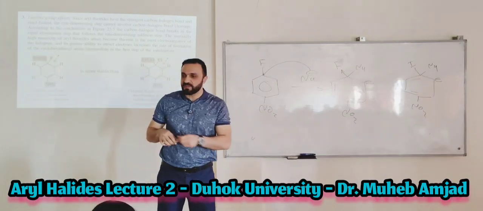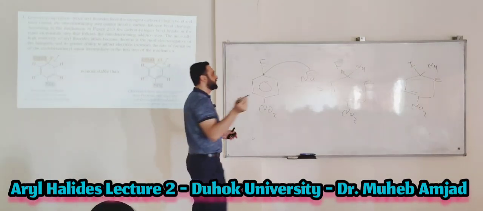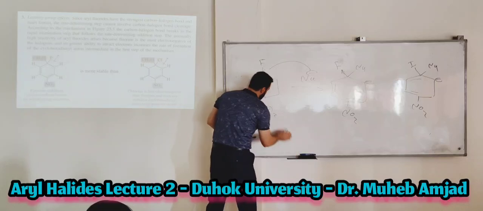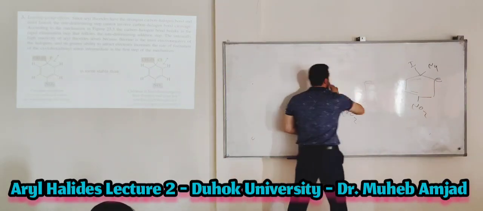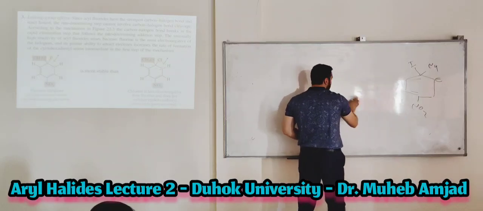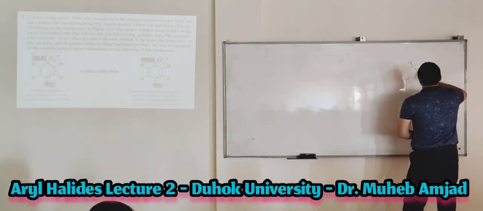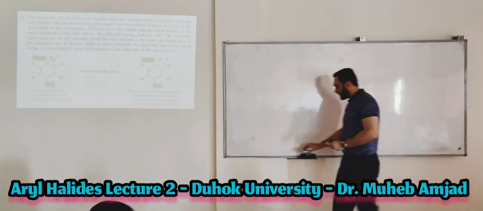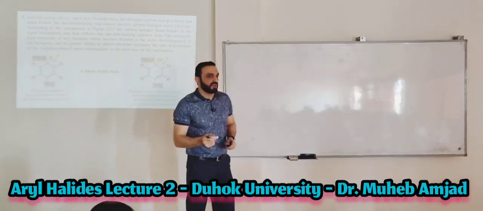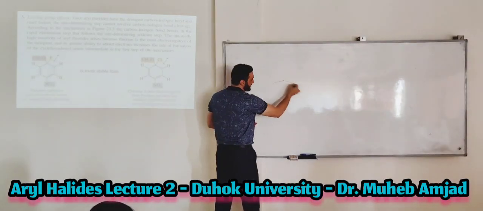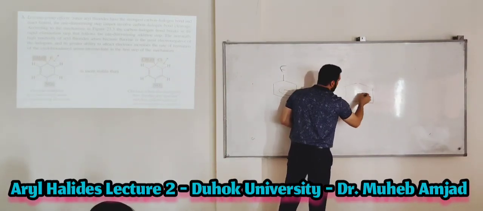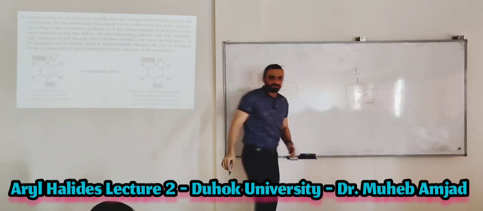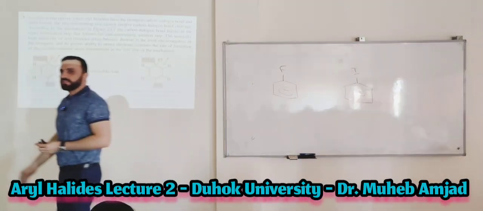So if you compare the stability of two intermediates, what is the effect of the fluorine? To increase the stability of the intermediate. So if you have two intermediates like this, negative with fluorine or negative with iodine, which one is the more stable one?